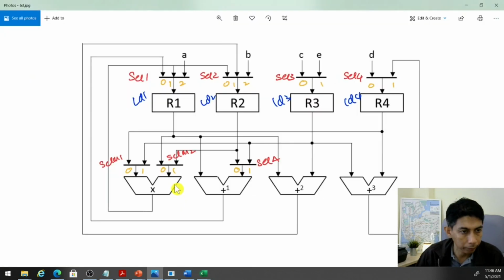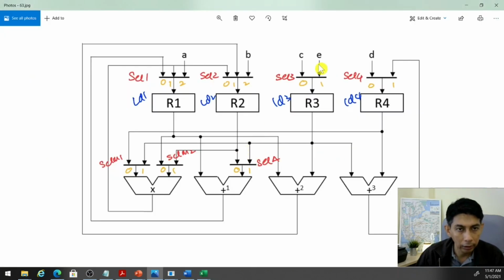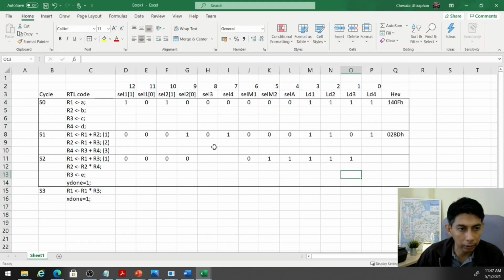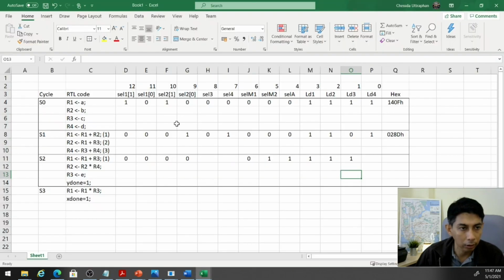All right, so that you get this. And also LD2 must be 1, because you want to load to R2, LD1 must be 1. And the last one is E to R3, so LD3 must be 1. How to get E? SEL3 must be 1, not 0.